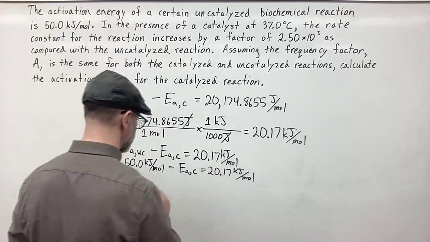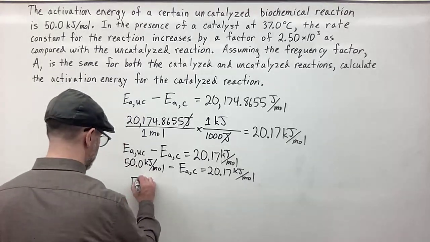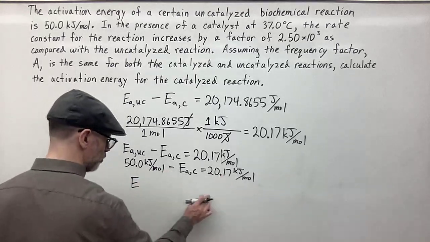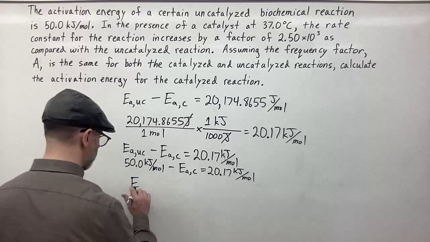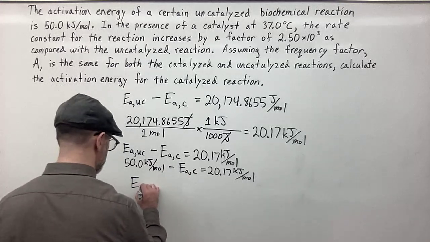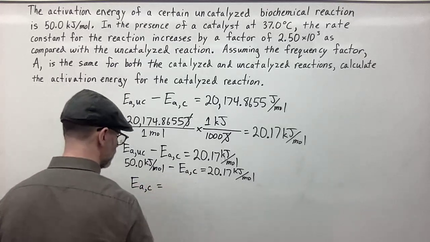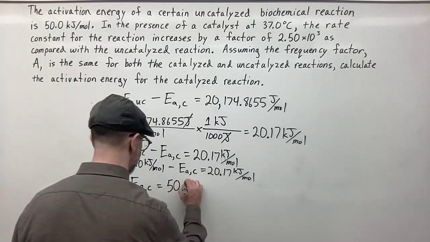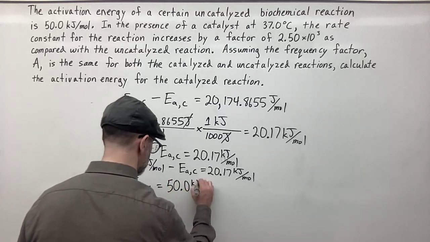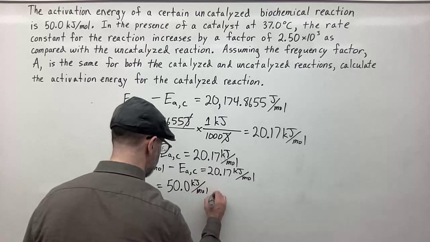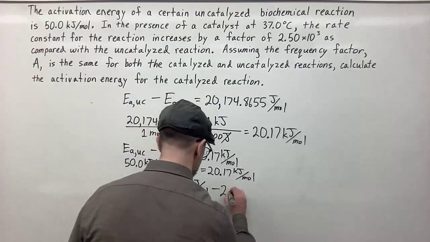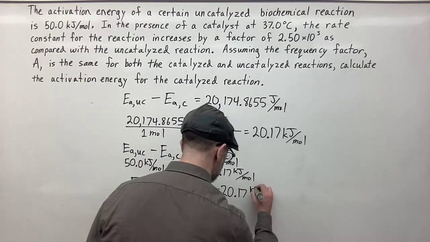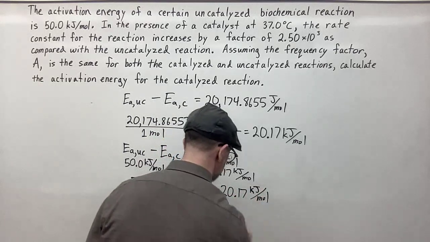So what's going to happen is that I'm going to end up with the activation energy. I subtract this from both sides. So I'm going to end up with the activation energy of the catalyzed reaction is then equal to 50.0 kilojoules per mole minus 20.17 kilojoules per mole.